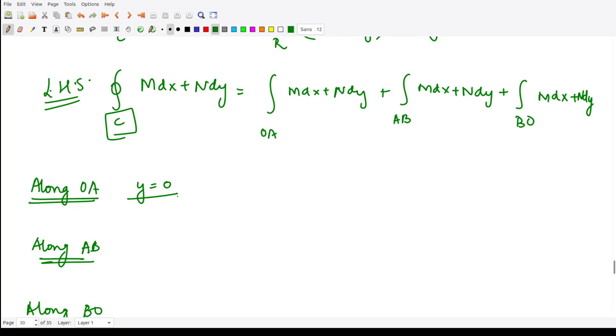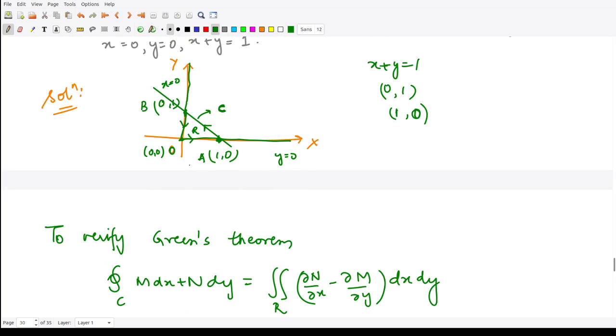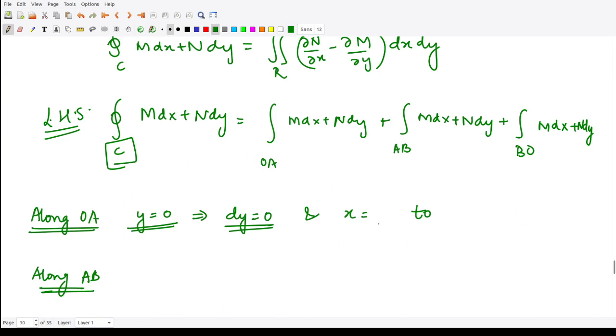So you also have dy equal to 0, and the limits for x vary from 0 to 1 because y here remains the same.